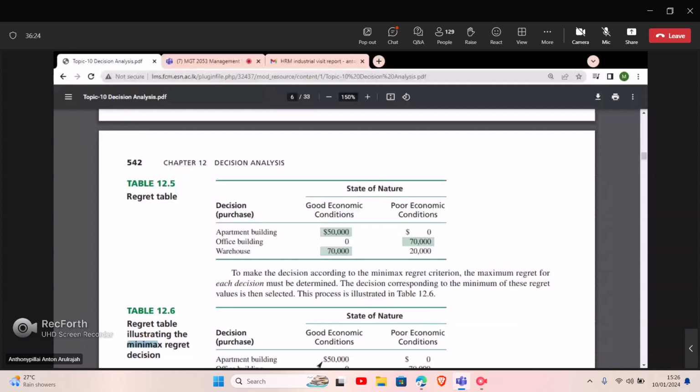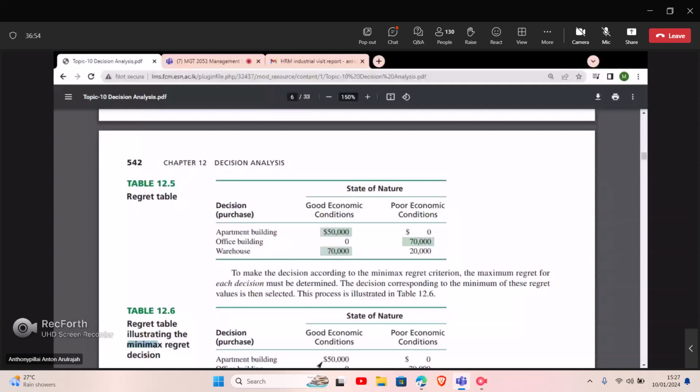Out of this economic condition, what is the lowest one? Lowest one means don't consider 0, because 0 is nothing. Lowest one is 20,000. Then in good economic conditions, what is the lowest one? 50,000.